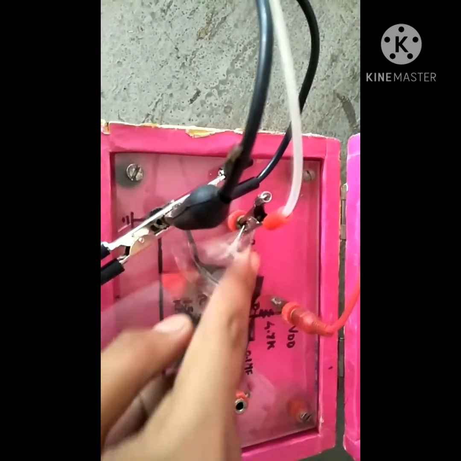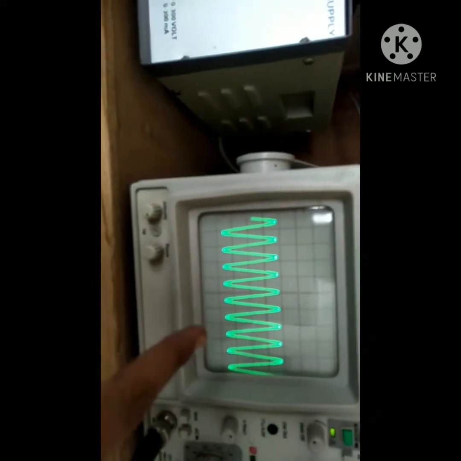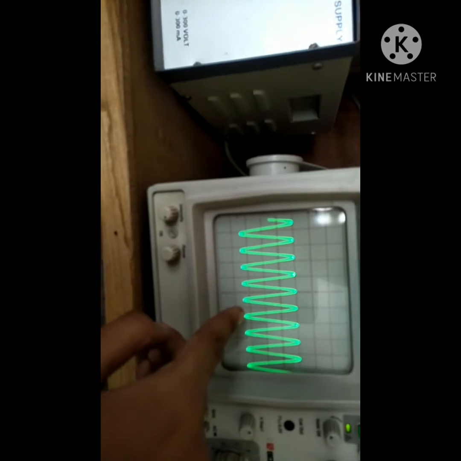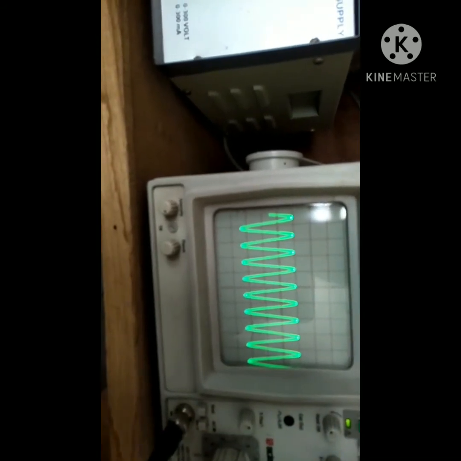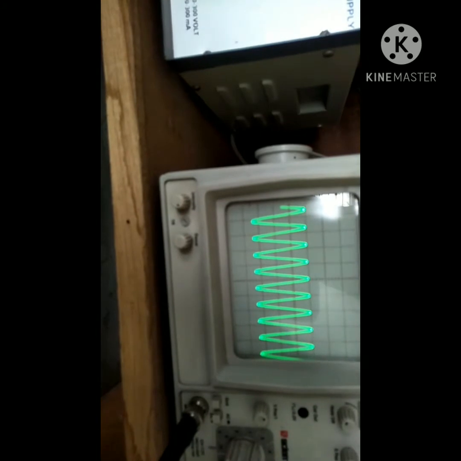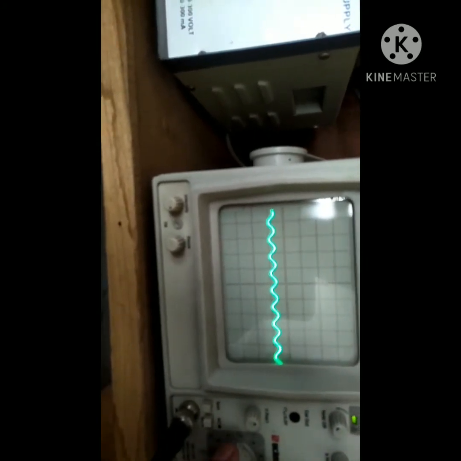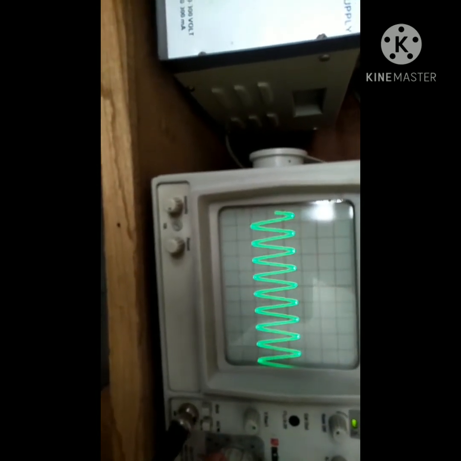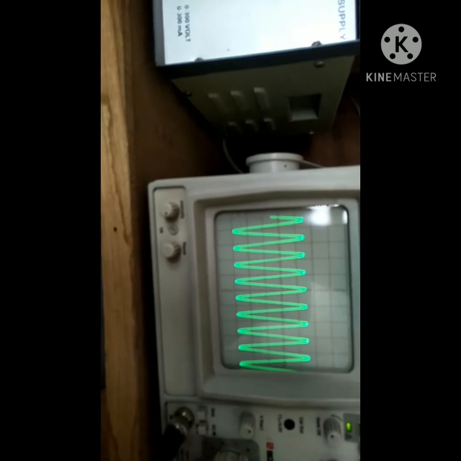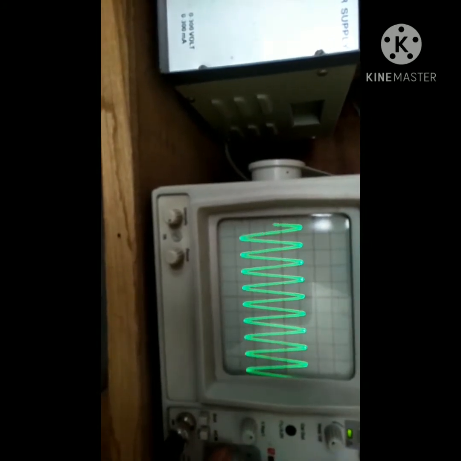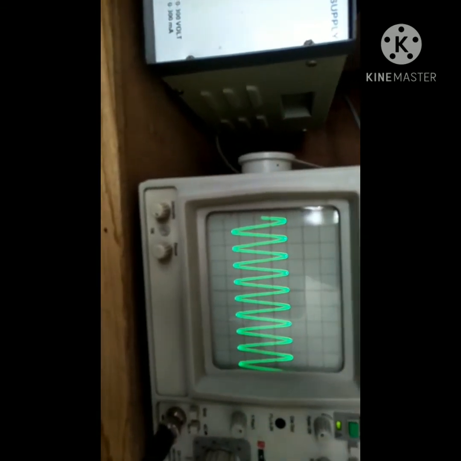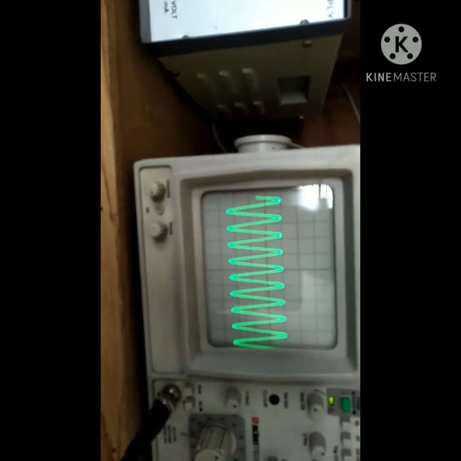We connect the CRO probe at the input, so the input voltage is 3.4 into 0.5, that means 1.70.